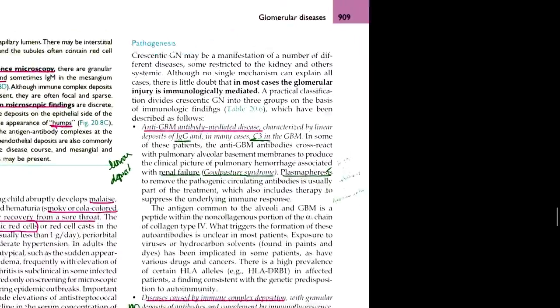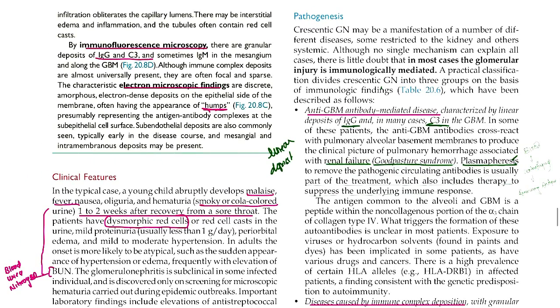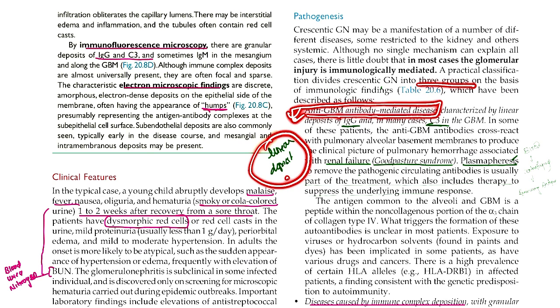Now talking about pathogenesis, there was a division into 3 groups. One is GBM antibody mediated disease, where we talked about linear deposits, renal failure, Goodpasture syndrome, and treatment with plasmapheresis.